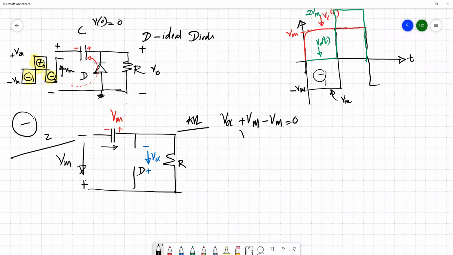So the open circuit voltage should ideally be 0. So the actual voltage across the diode is 0. During this block, the diode is forward biased. During this, the diode is reverse biased.